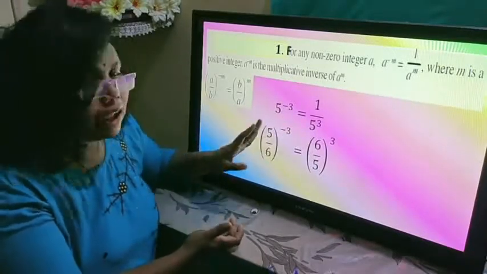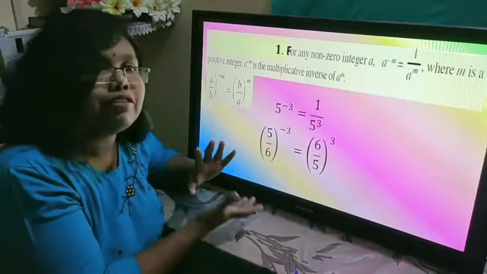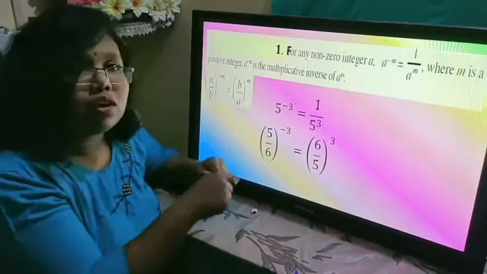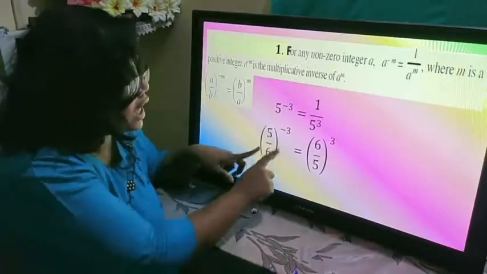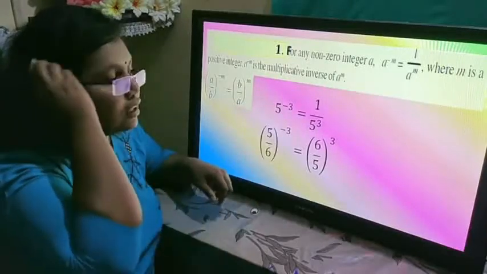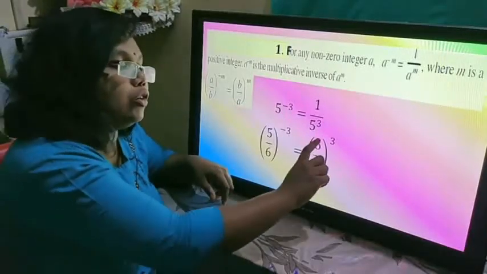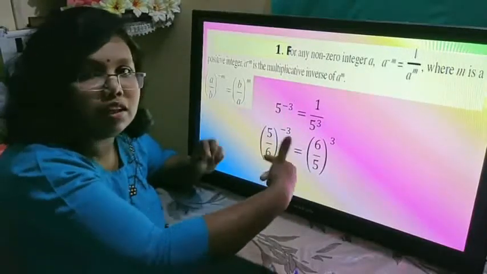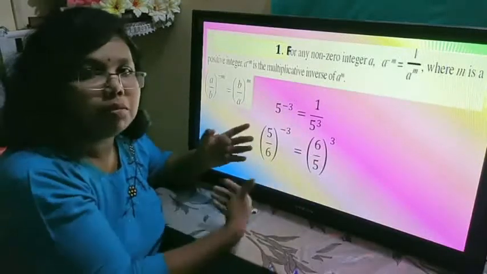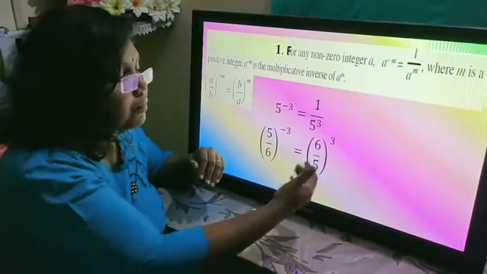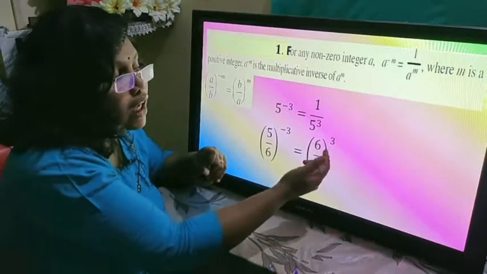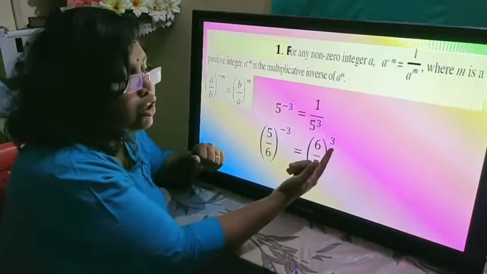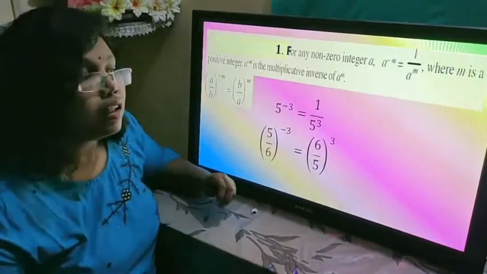Likewise, if we have a complete fraction 5 upon 6 totally raised to minus 3, the entire thing is getting the power minus 3. Then you get the reciprocal, this inverted. The numerator would become the denominator, the denominator would become the numerator. So this is how it works, and the negative exponent would turn to a positive exponent.